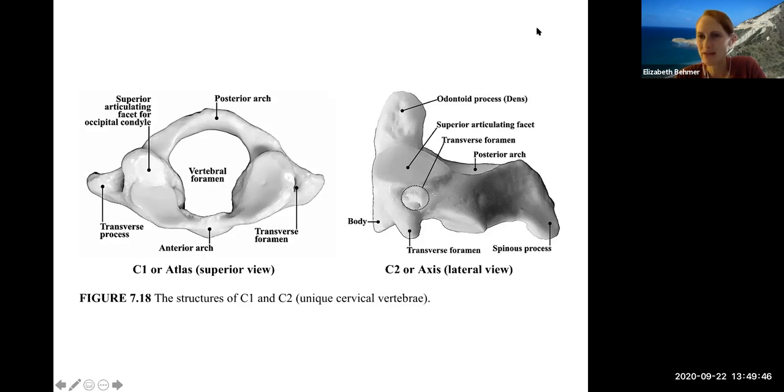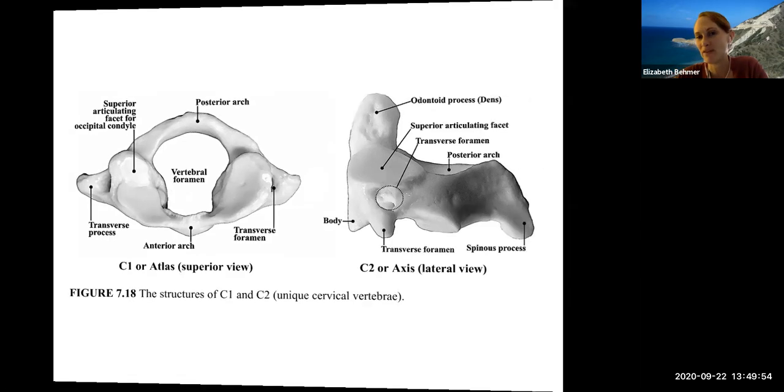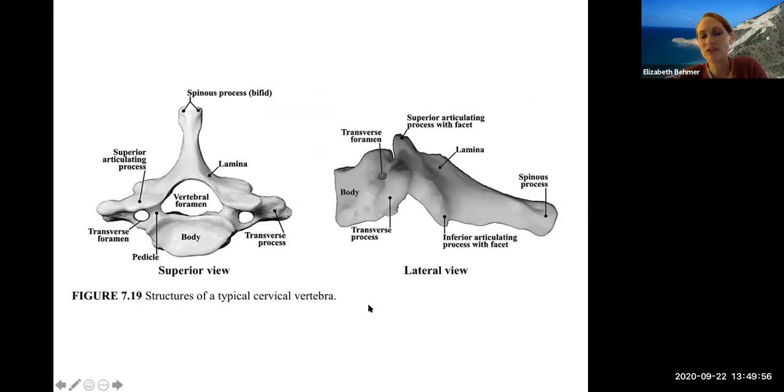You can see many of the same structures in C1 and C2 that are on a typical vertebra, but they might be slightly smaller because they're at the top of the vertebral column. Here's structures of a typical cervical vertebra. What makes the cervical vertebra unique is that its spinous process is split, or bifid.